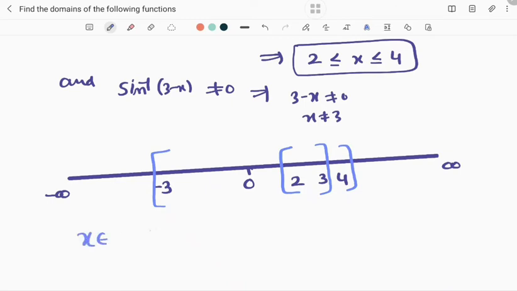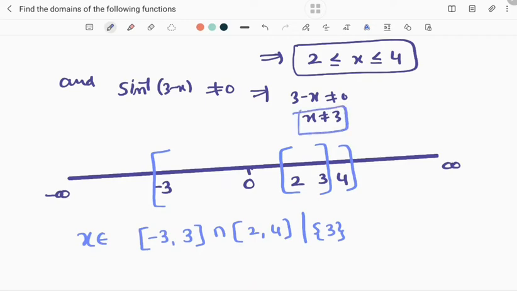So both the intervals you can write it: x belongs to closed [-3, 3] intersection closed [2, 4]. In this interval 3 is not there. Why? Because x is not equal to 3, they mentioned. So exclude that value. Otherwise I can write it like this also. The common part we are clearly observing is closed 2 to 3, but closed 3 you cannot write, open 3 you can write.